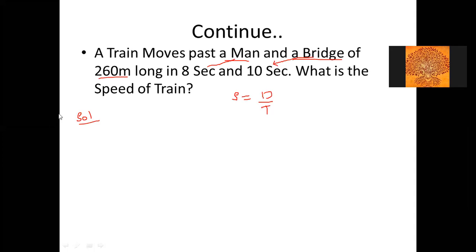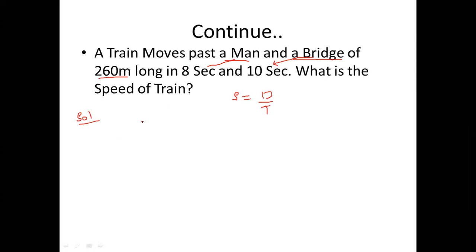And in this manner, first of all, we will look at the man here, where we have said that the length of the train, let it be LT, is equal to speed into time, right? So length is nothing but a distance that we are taking here.